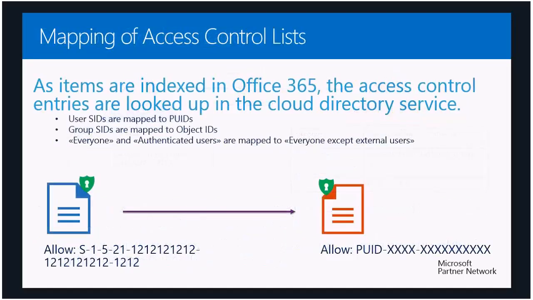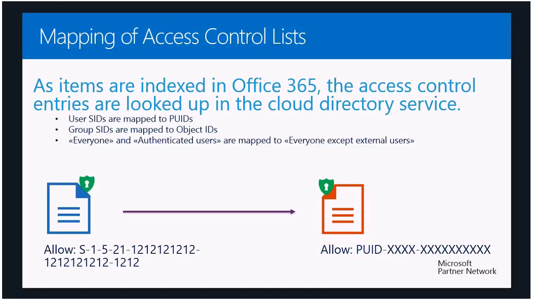How do we map the access control lists? This is very important. When an item is indexed in Office 365, the access control entries are also copied into Office 365. This makes sure that if a user doesn't have permission to access the content, the information will not be shown in Office 365.